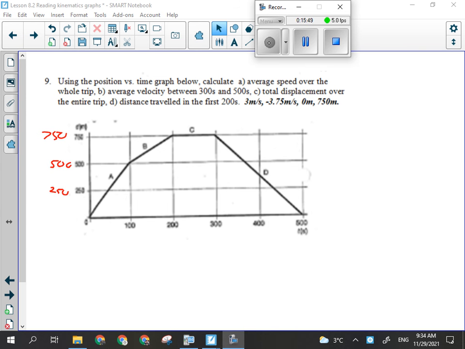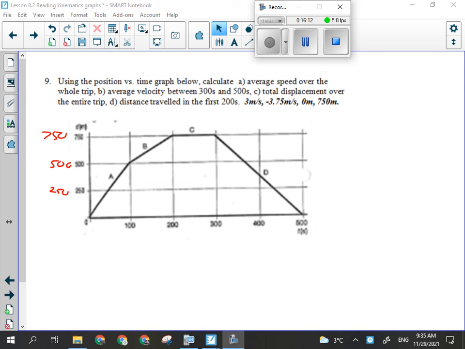All right, let's do the same thing and analyze this graph first. What's going on in part A? It's positively increasing its position, not its speed. Its speed is constant. This is a position versus time graph.